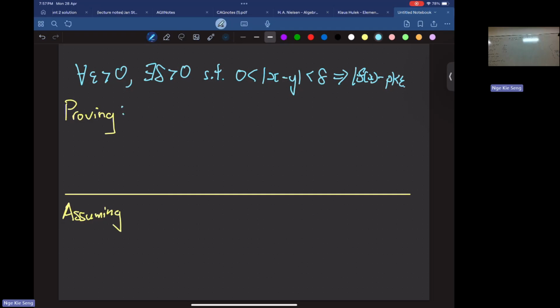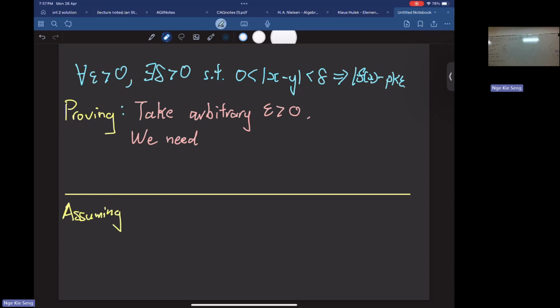Okay. So in this case, I want to prove that this statement is true. What do you need to do first? You need to start with any epsilon greater than 0. And then there exists a delta. It means we need to find a delta.